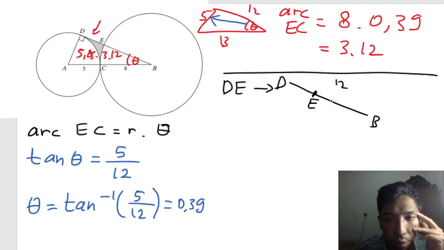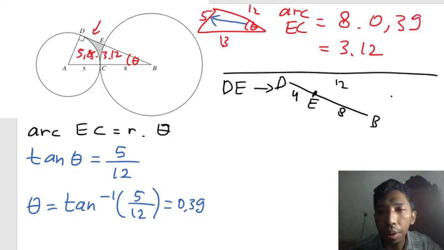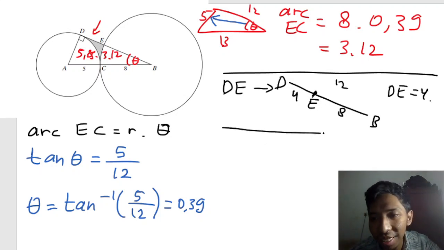DB is 12, and what is EB? From E to B is 8, because this is a radius of the circle. So obviously DE is 4. So DE is 4. Easy, right?